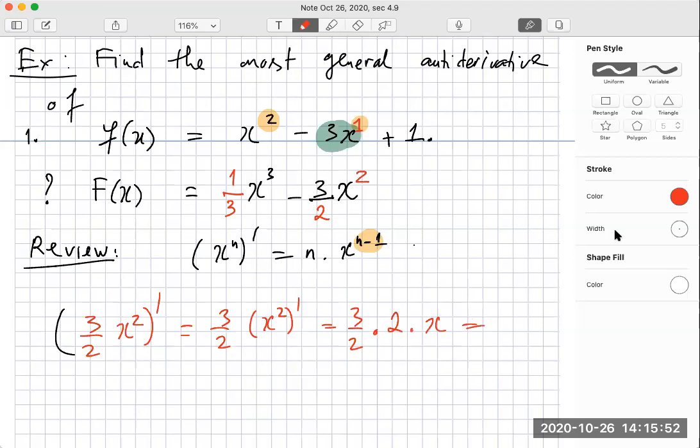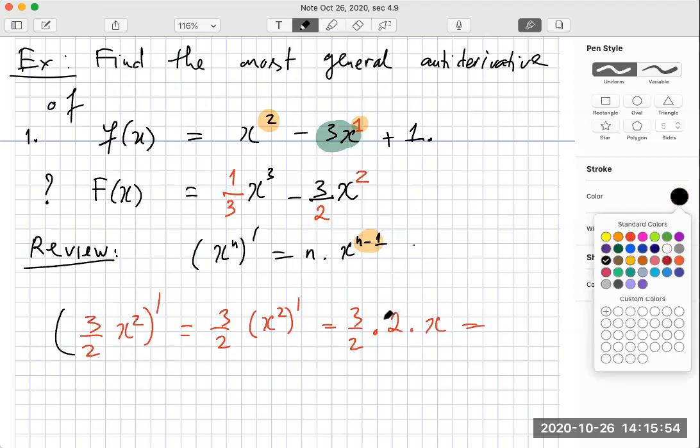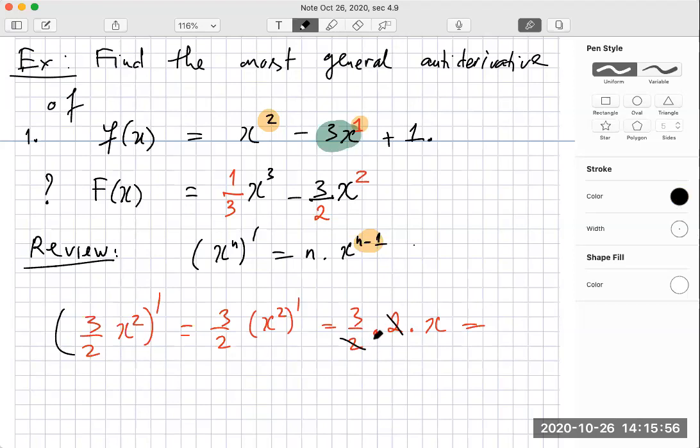Now we can simplify. There's a number 2 here and a number 2 there, they cancel each other because this is multiplication. Therefore, it gives us 3x. Yes, it is correct. It is what we have here. Therefore, the antiderivative of this will be 3 over 2 multiplied by x squared.